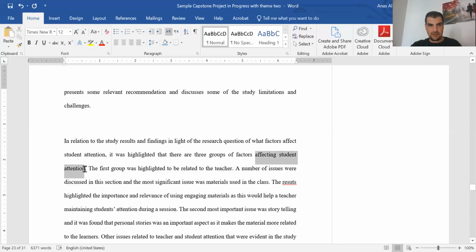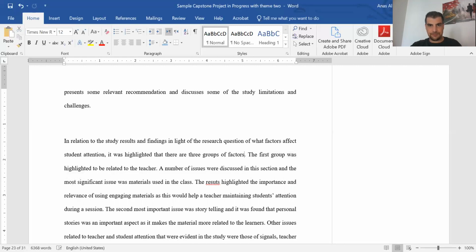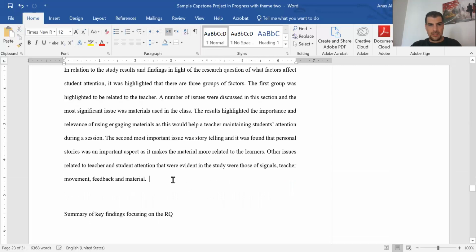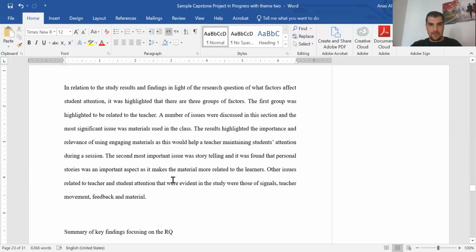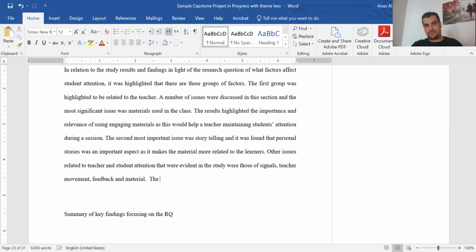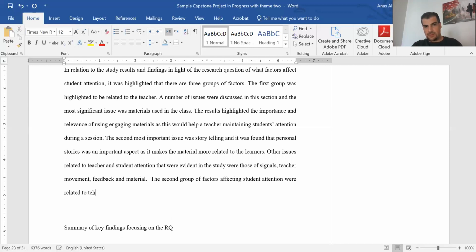Maybe here I can delete this. Okay. The second group of factors affecting student attention were related to the student.